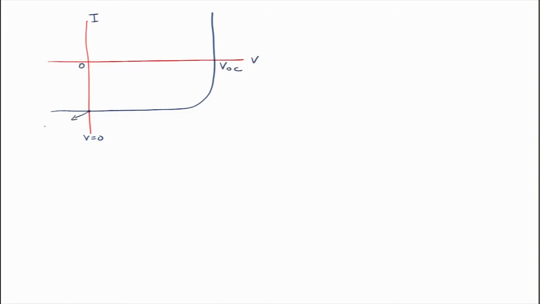At 0 bias, the current that we get is equal to ISC, which is called the short circuit current, and up to some point the bias induced current is not large enough. As a result, ISC stays nearly constant.